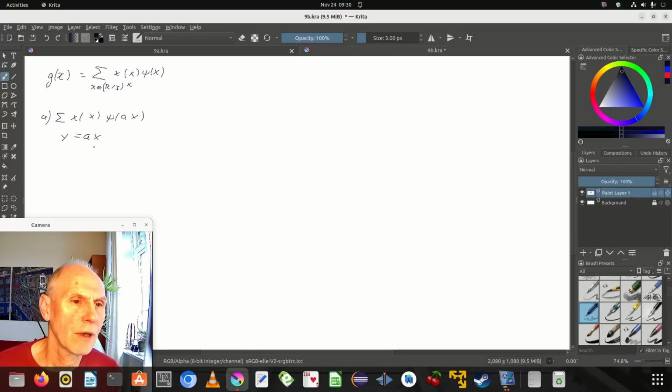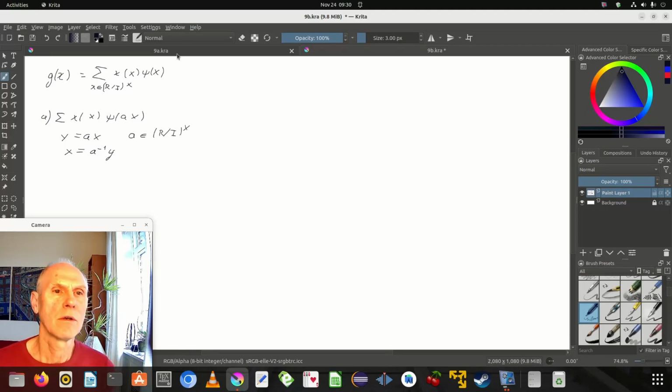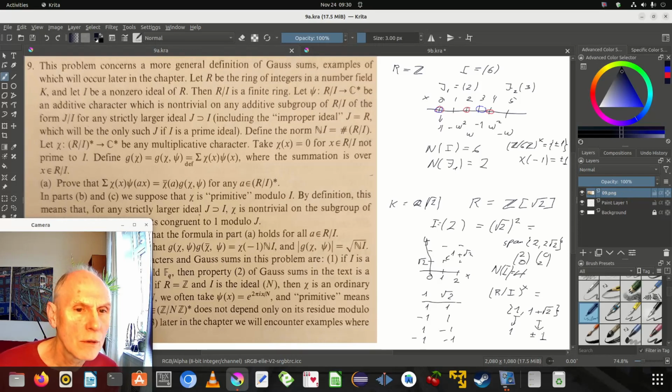So we can only isolate x if A lies in the multiplicative group. That's what it says here, it lies in the multiplicative group.